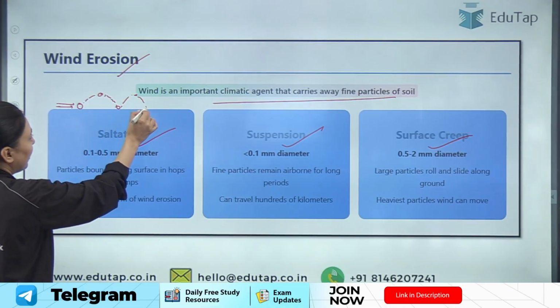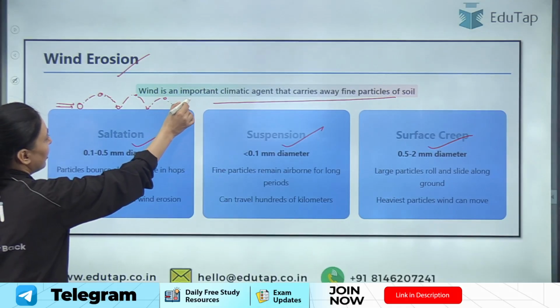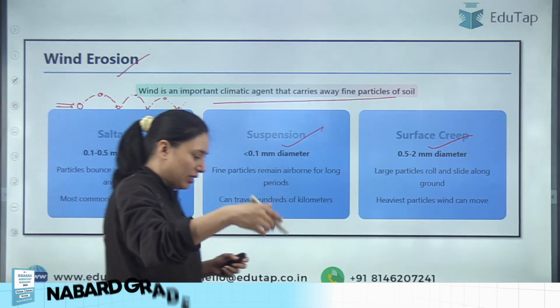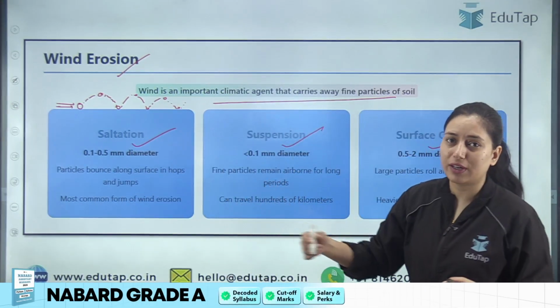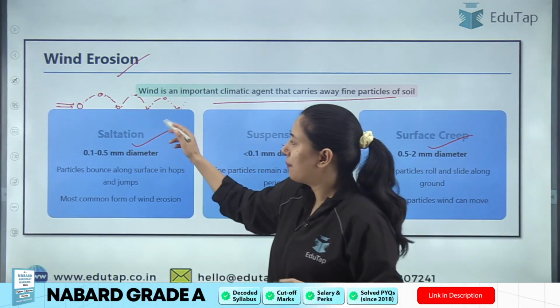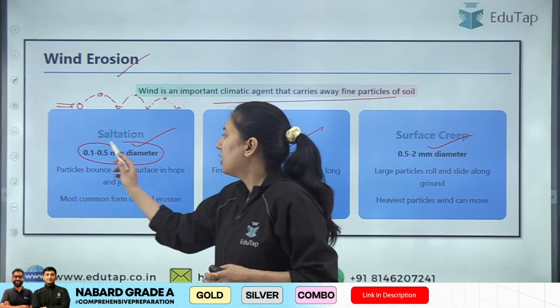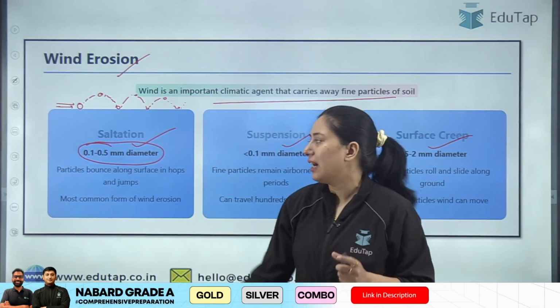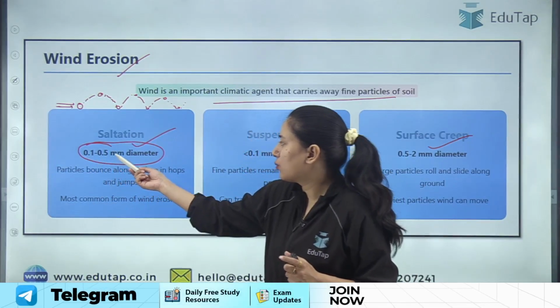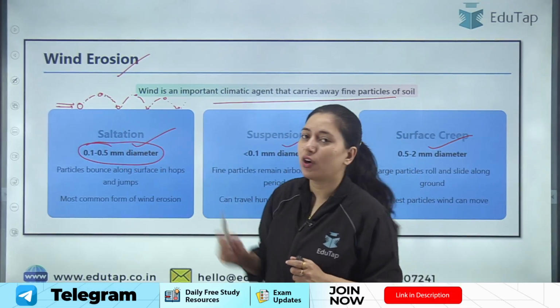Like a football, or a rubber ball that bounces on the floor, like that. When the erosion happens like this, that is known as saltation. Usually in soil particles having a diameter of 0.1 to 0.5 mm, this saltation happens.